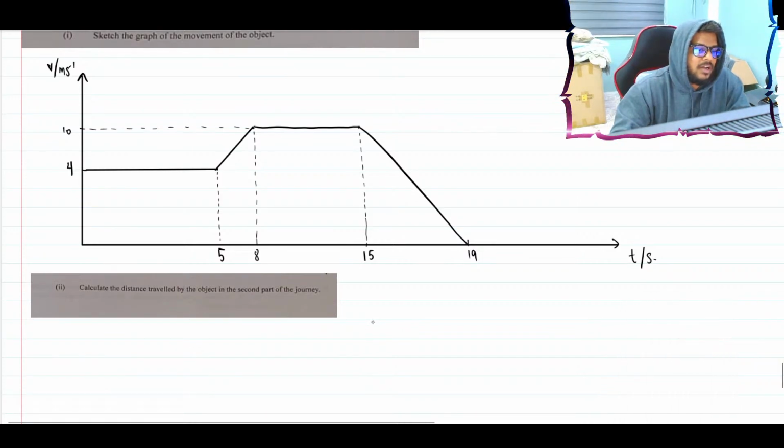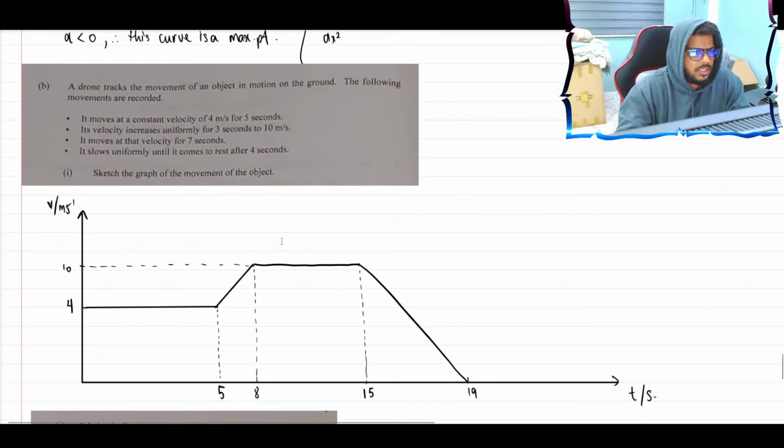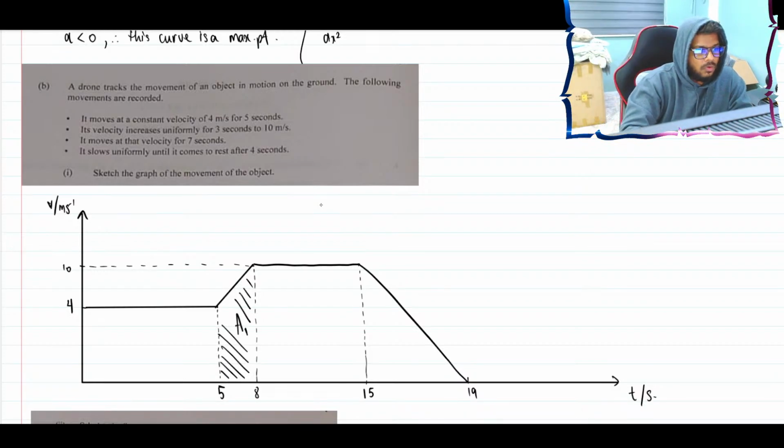Calculate the distance traveled by the object in the second part of the journey. So the second part of the journey would be between here. This is going to be the second part of the journey, and I'm going to call this A1. Whenever you're drawing any diagram, I always recommend using the word let, so you can put anything you want in the diagram.